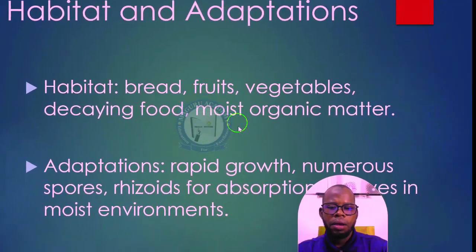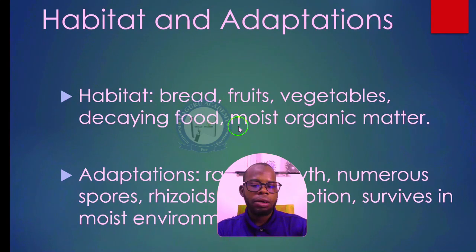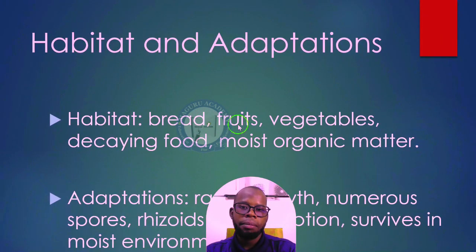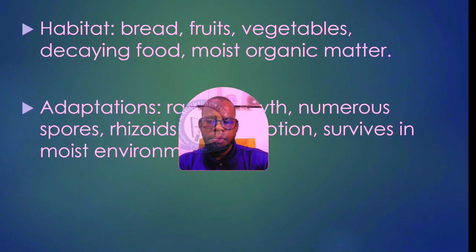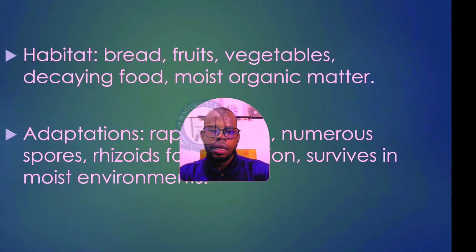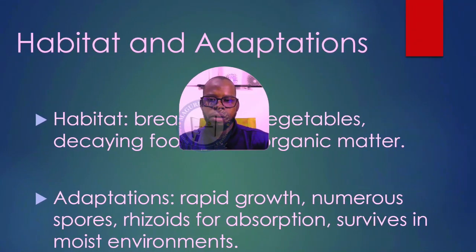In one sentence, we can say the bread mold is found on dead organic matter. Why does it tend to grow on these materials?